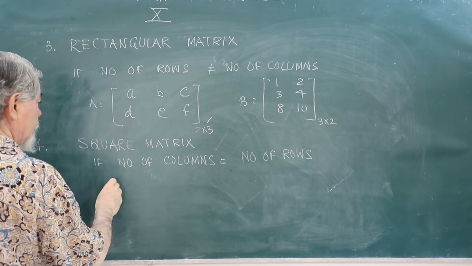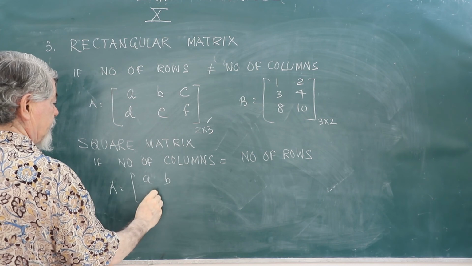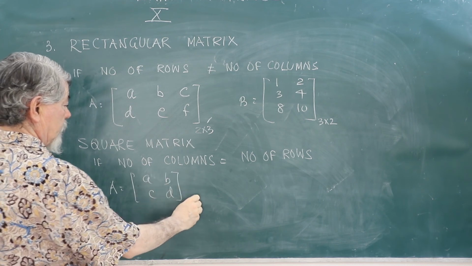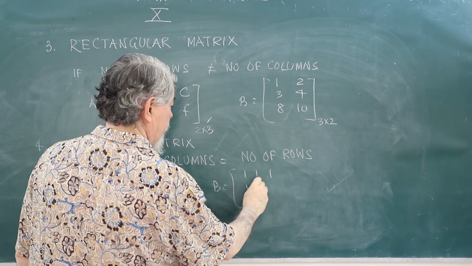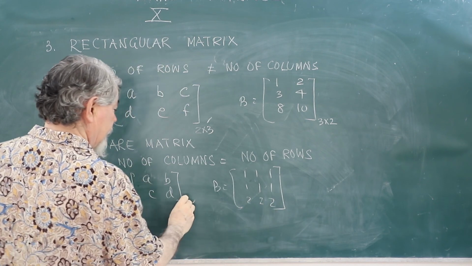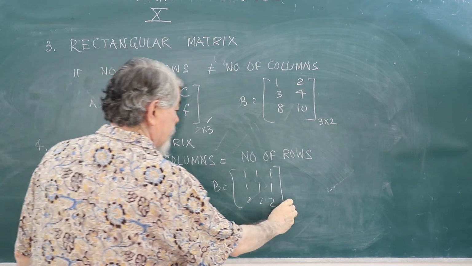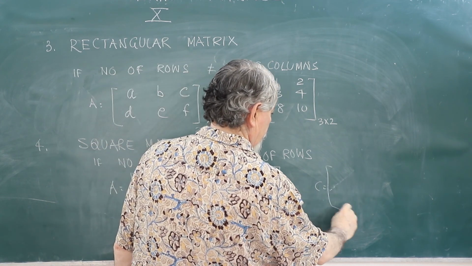Then it becomes a square matrix. For example, A, B, C, D, or 1, 1, 1, 1, 2, 2, 2. It is 2 by 2, it is 3 by 3. It could also be 4 by 4.